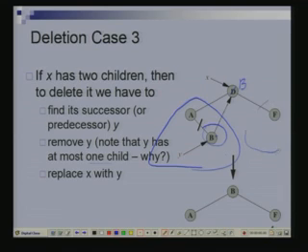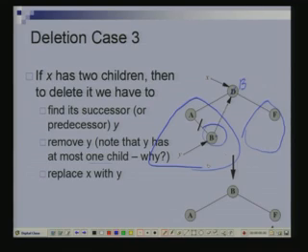Everything in the right subtree is more than D, and so it is also more than B. So, by moving here, the search property is not violated. So, I can move B here, and now why can I delete B easily? Because B has either no child or one child, and we have seen already how to delete a node which has no child or only one child.